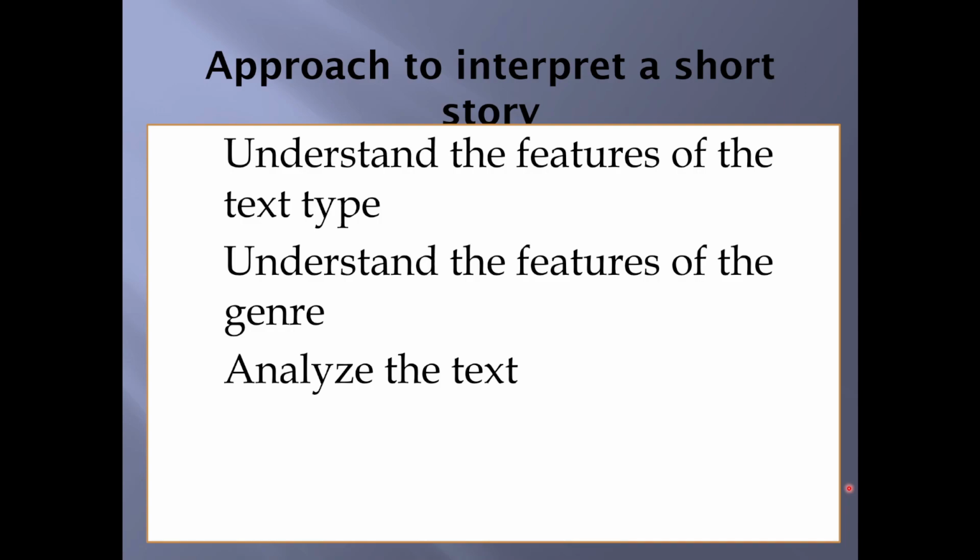Maybe they talk about action, maybe they start off with the background of the story, and then they talk about the issue within the characters, for example. Or maybe the genre is about love, and they talk about the situation of love towards that particular place or something. Okay, and then you analyze the text when you are interpreting the short story.